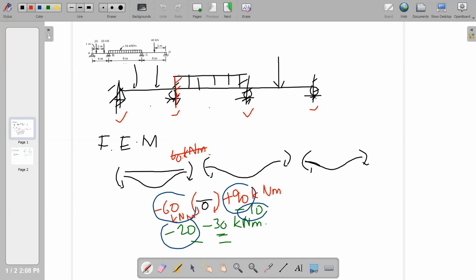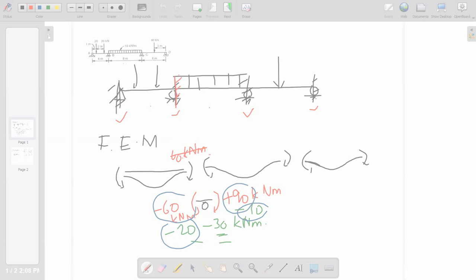You will see that it takes much fewer steps than the method of three moments. Okay, let me just put up a bigger picture.